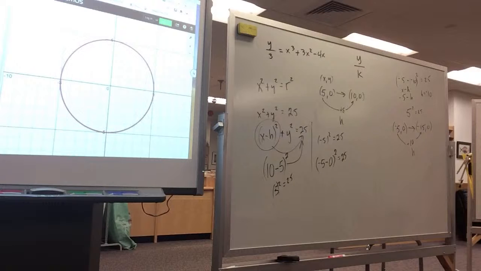Okay, now watch what happens here when we multiply by A. When we multiply by A, we are saying we're going to make it this many times further or nearer the y-axis. So when we multiply by A, we squeeze it in. When we divide by A, let's just say, 0 to 5.